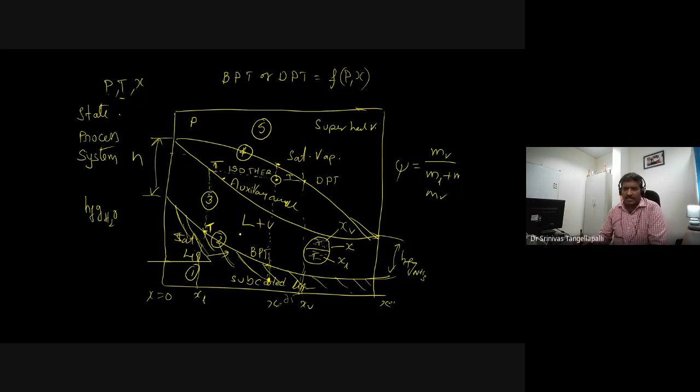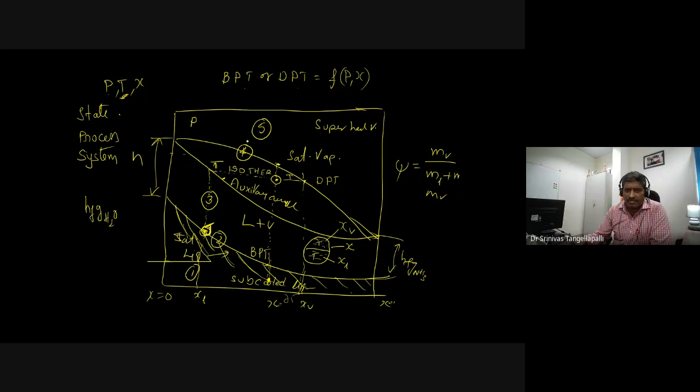Now, where you started, you are starting from the saturated liquid. How to identify this point? Again, I am repeating this one. First, read this temperature and compare it with the bubble point temperature and dew point temperature.